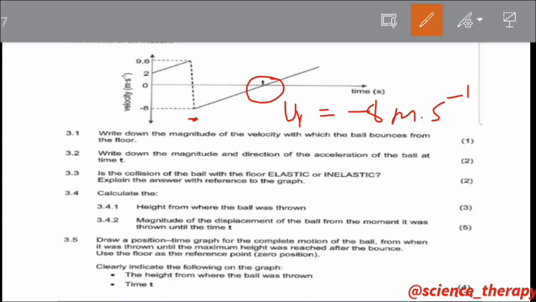At the maximum height, we know the Vf is equal to 0 meters per second. Then what is our acceleration? Remember, we don't change it. We took downward as positive, so our acceleration should forever be positive 9.8 meters per second squared.